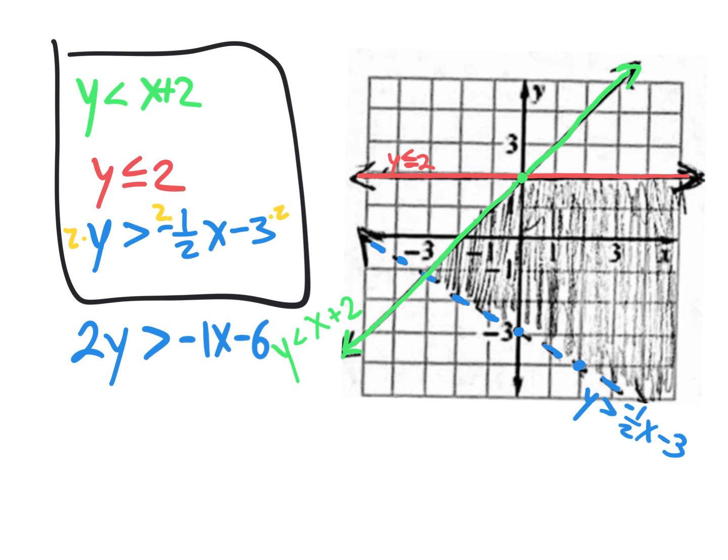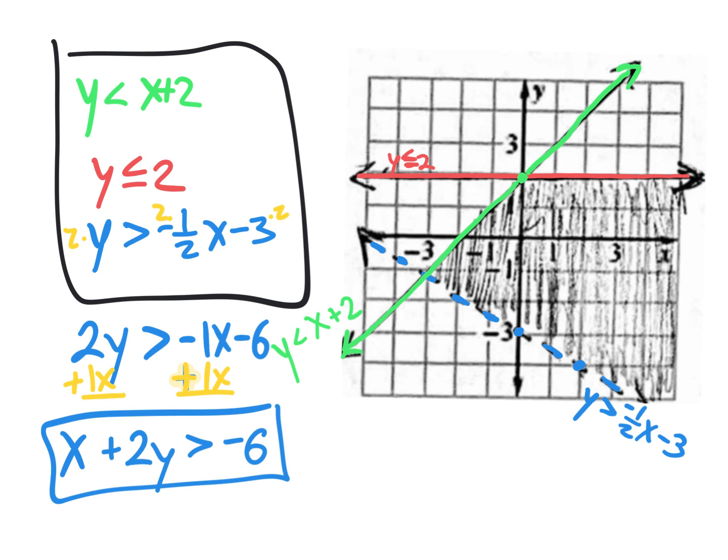So you'd have to add 1x. Now you can't really add 2y plus 1x, those are different terms, so you're just going to rewrite it. So you're going to have one single x plus 2y being greater than -6.